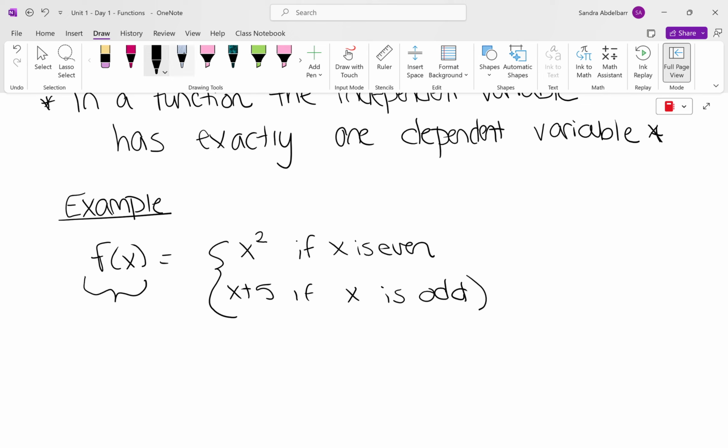So this whole f of x is the name of the function. Now, it doesn't have to be f of x. It could be any two variables under the sun. It could be h of a. It could be q of r. It doesn't matter. Whatever's inside the parentheses, that's your input. This is your general input.